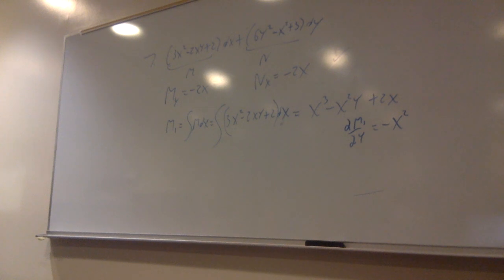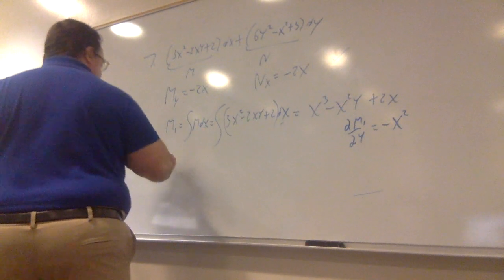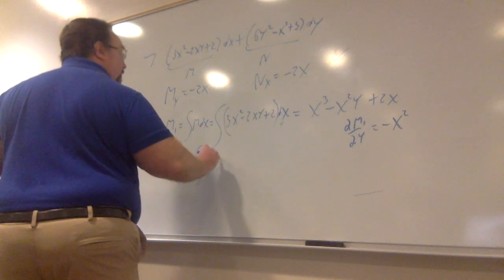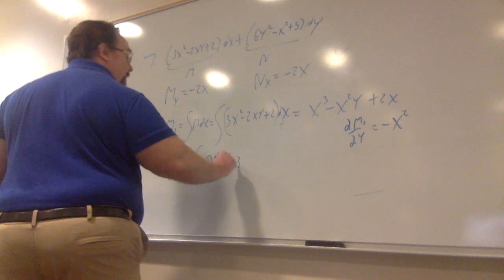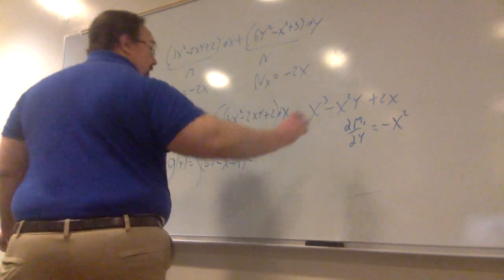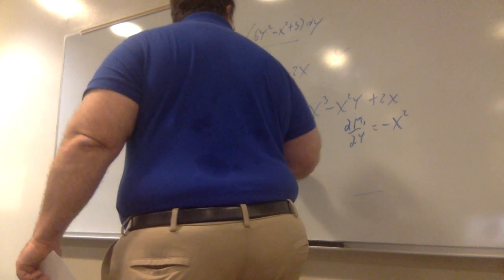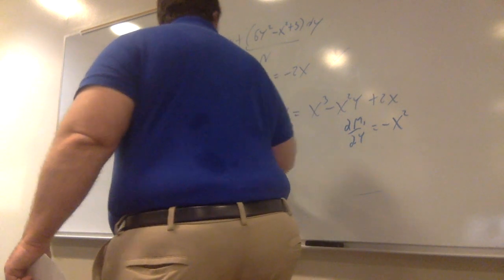So your function g of y is the integral of 6y squared minus x squared plus 3 minus x squared dy. And as I just mentioned, these cancel.